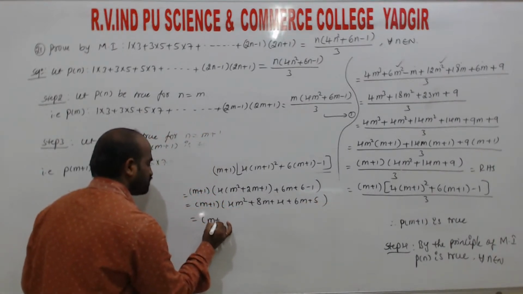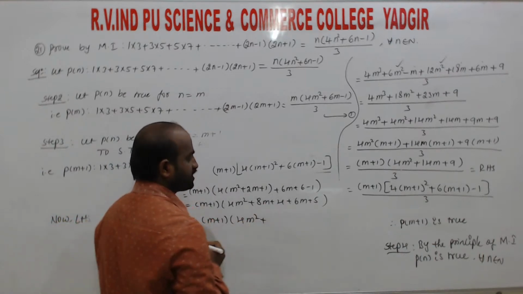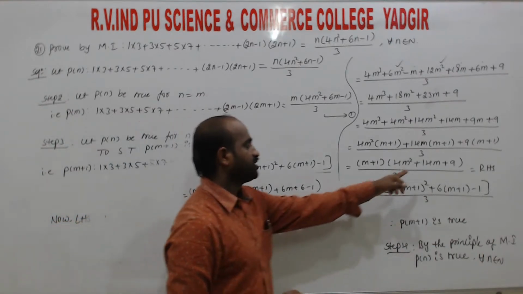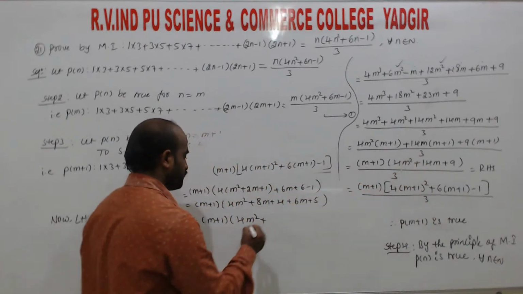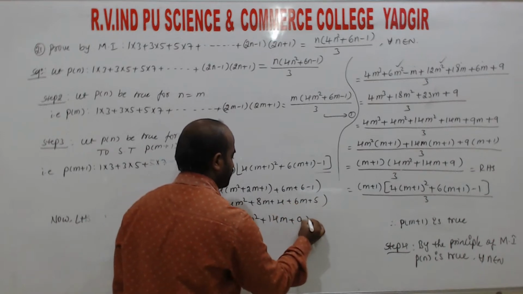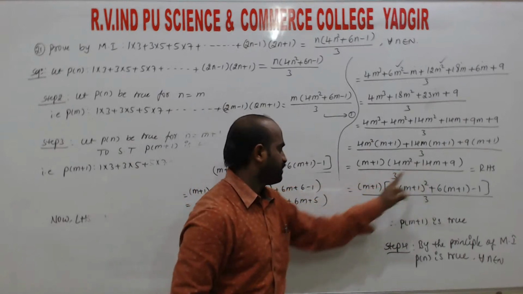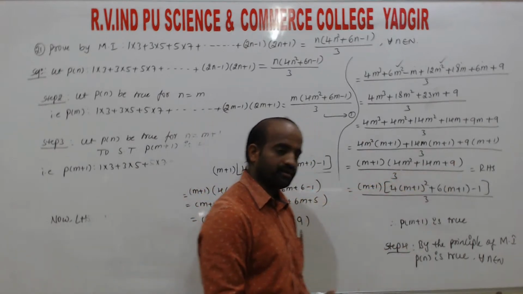Now m plus 1 into 4m square plus 8m plus 6m, 8m plus 6m, 14m. Plus 5 plus 4, 9. Okay, 4m square plus 14m plus 9.